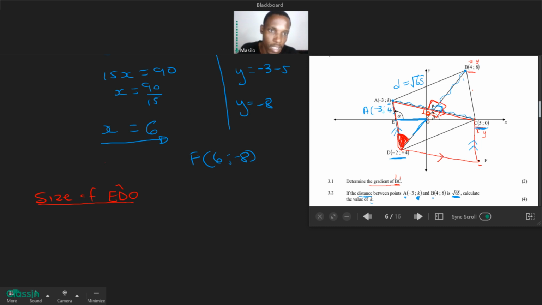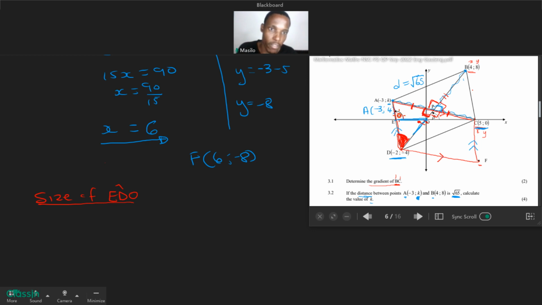And if we said that this is 90 degrees, and this line is the same as that line, this one is the same as this. So we know 90. And then if we know 90, we can find this one, and beta by means of vertically opposite angles.